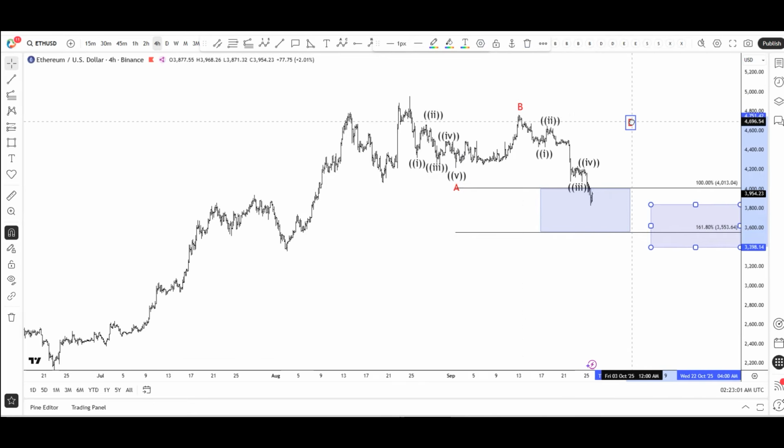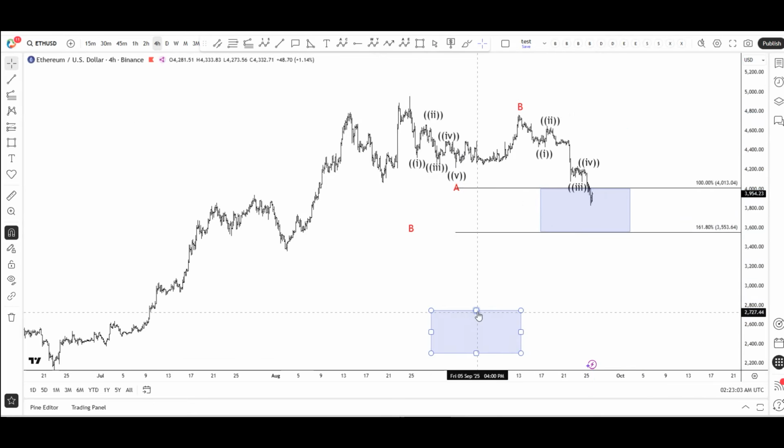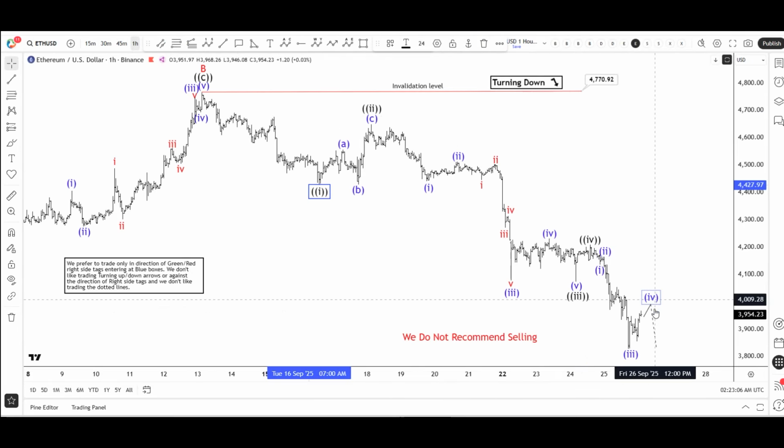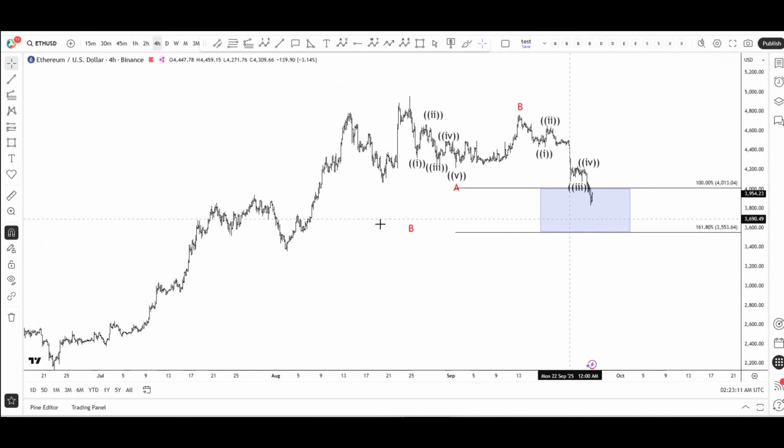Okay, so forget about the 1 hour time frame, it can always get adjusted. Forget about, oh, it has to move down. No, it does not have to move down, okay? Because it has reached the minimum. So technically this 5 of C could be finished anytime. So we just need to see a bigger rally and then we're calling it completed.